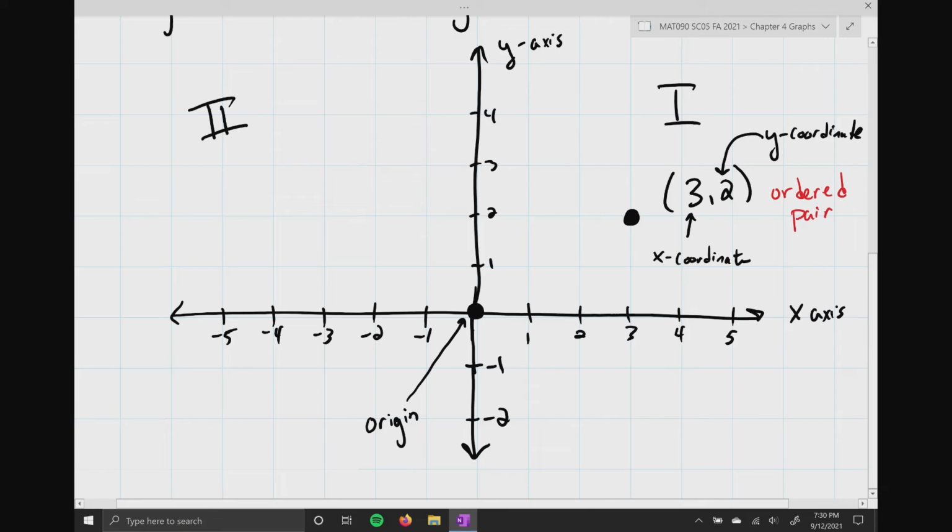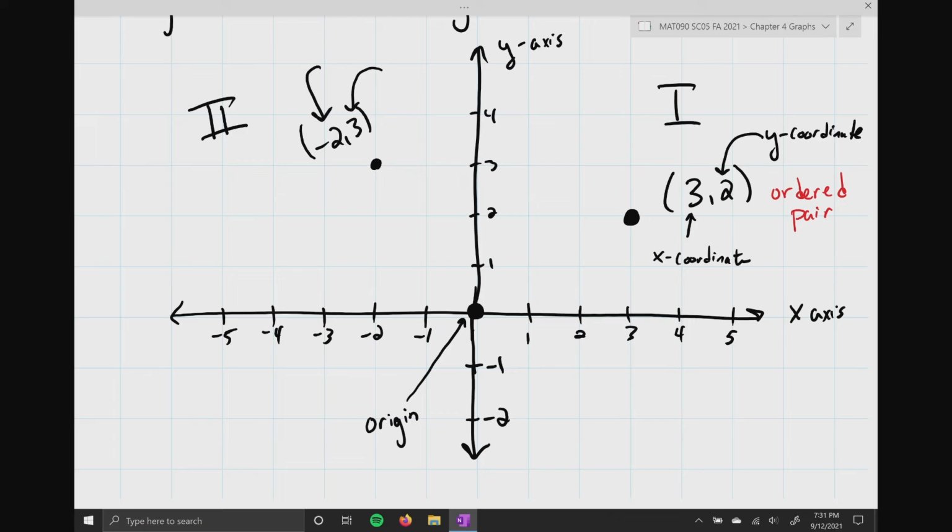And in this quadrant, I'm just going to go ahead and plot a point. I'm going to call this -2, 3. You will notice that in this quadrant, all the x coordinates will be negative, but all your y coordinates will be positive.